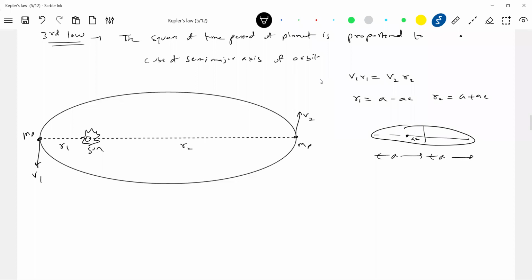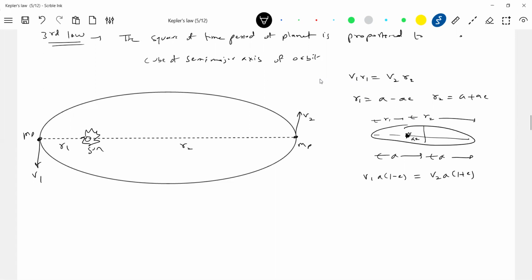So therefore, what can be R1? This is sun. So this R1, this R2. Just now in previous problems, I gave all the information, so I'm taking help of that. So from here, if I substitute this, what I'll get? R1 is equal to A into (1 minus e), R2 equal to A into (1 plus e).